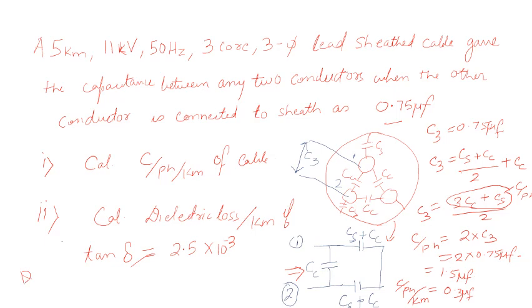Now talking about the dielectric loss. As it is a three-phase system, the dielectric loss will be 3 into V per phase squared into omega C tan delta, where omega is 2 pi f.